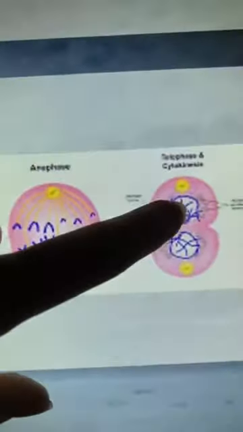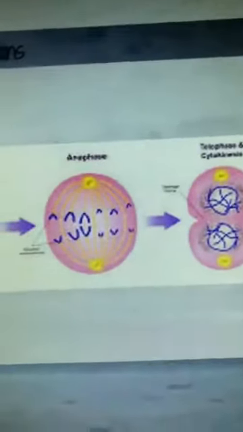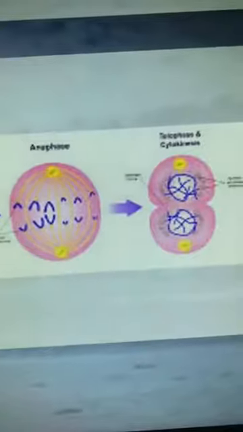They move to opposite poles. The next part is telophase, where I form my new nuclei around my divided nucleus. Then cytokinesis is actually going to split. Since this is an animal cell, we're looking at actin, and actin is going to create a cleavage furrow, which then separates those two cells. Okay, and again, that was mitosis.